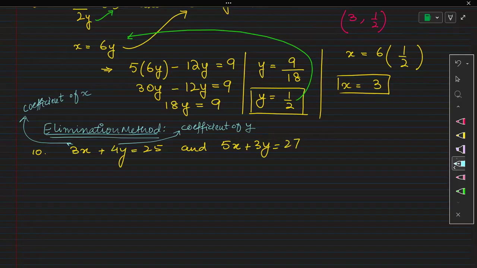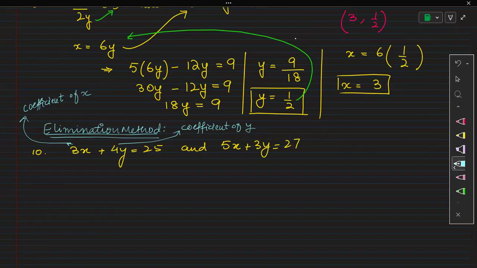Then I can subtract these two equations, or I can add, depending on the sign, because I have to cancel out the term.